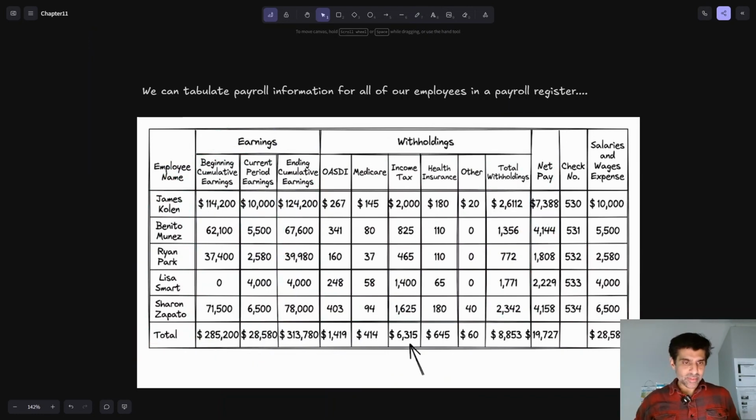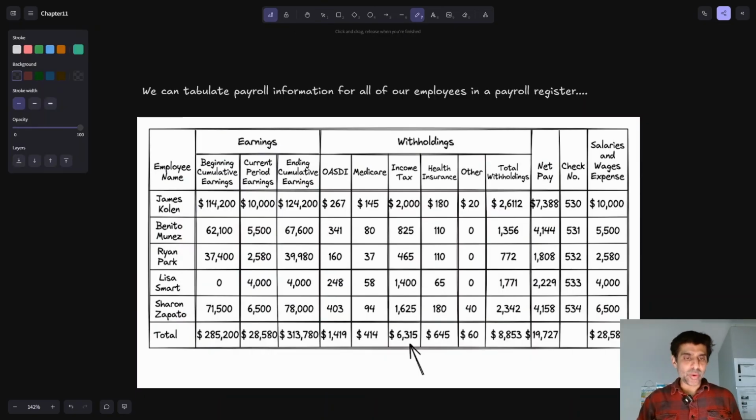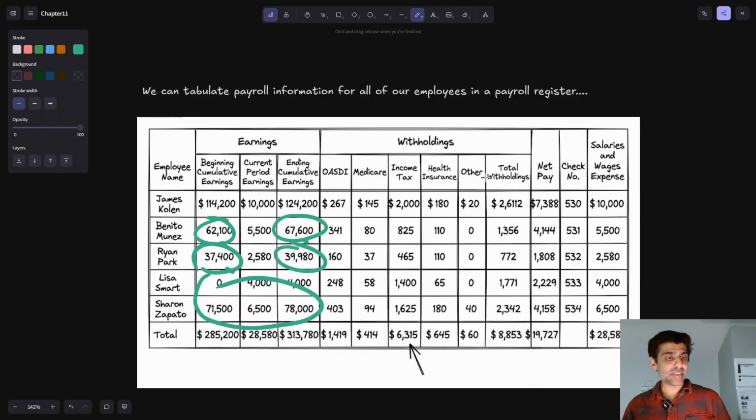One thing to notice is you should go through and see which employees, if any, crossed over the OASDI limit. So you can look at this guy. No, because the beginning and ending balance are both under the limit. This person, beginning and ending balance both under the limit. All of these, except for this person.